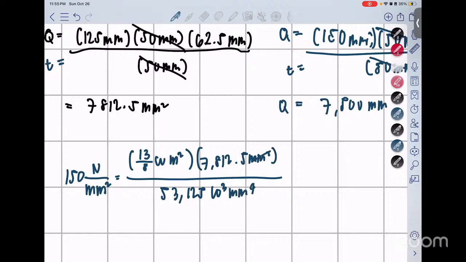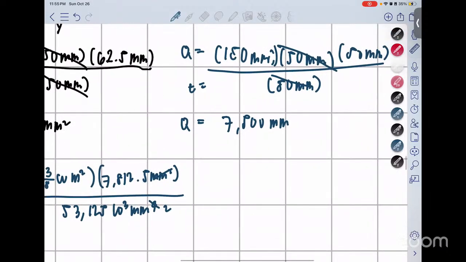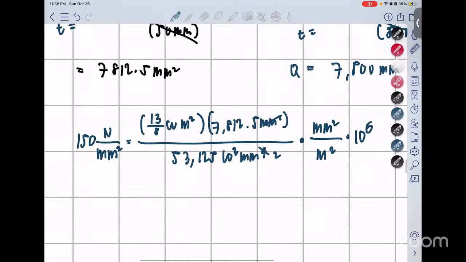So let's just check for dimensional consistency. See, may meters tayo, may millimeters sa baba. So we have to do meter squared here, millimeter squared here para mag-cancel. Then we apply the appropriate conversion, so that's just 10 to the 6th. And then this will all equal to, let me just get my calc, 13/8 times 7812.5.